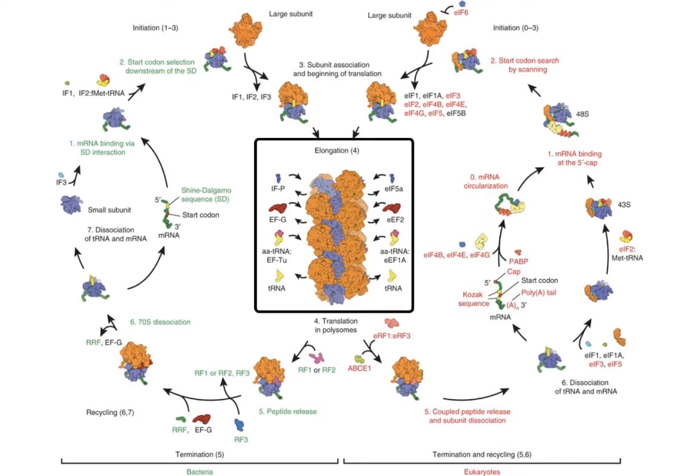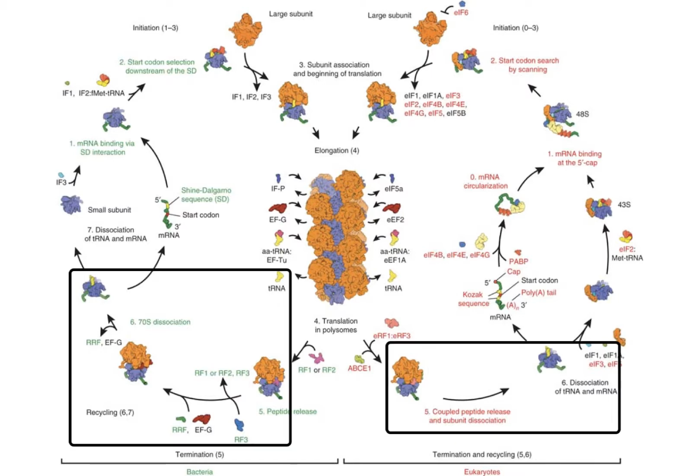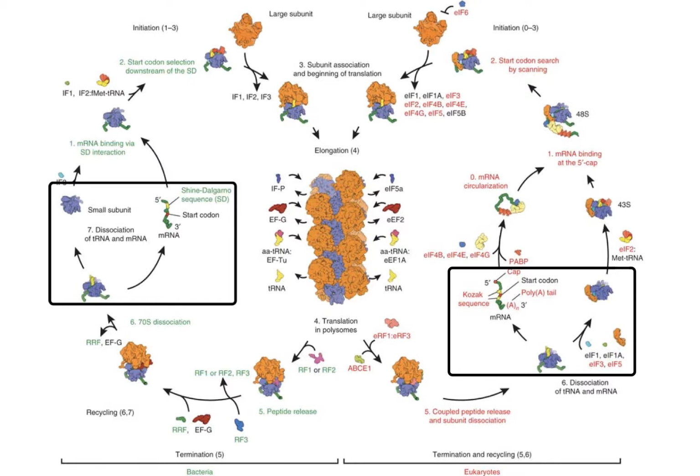And again, this can happen over and over and over again to add more and more amino acids to the nascent protein that's coming out of the large subunit. And then finally you get to the end, a termination signal that is a stop codon, and that initiates release factors to come in and pull apart the two subunits, the large and small subunit, and then release the mRNA and start all over again.